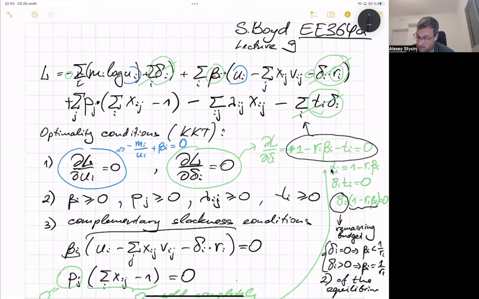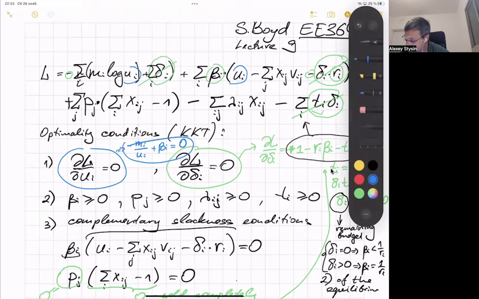So from here, we can actually see, I will move to the bottom.